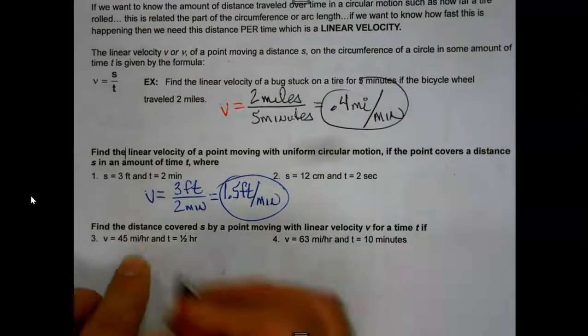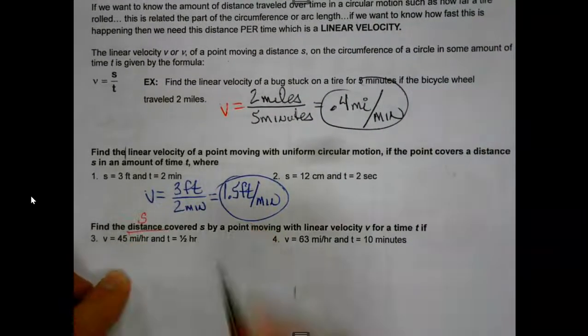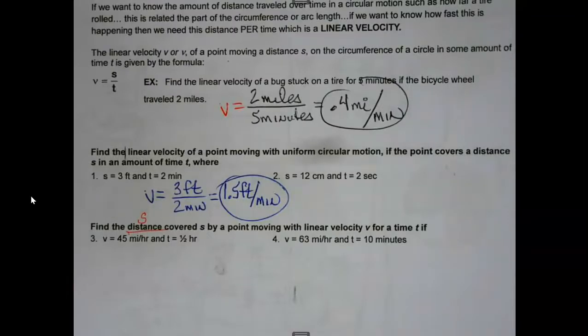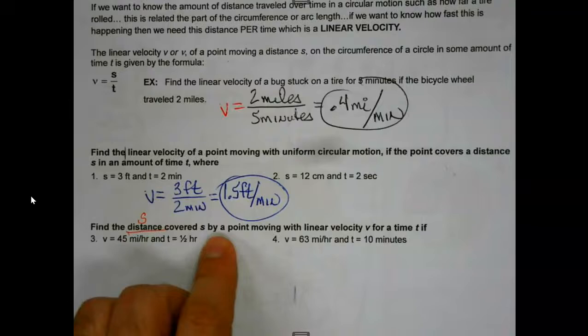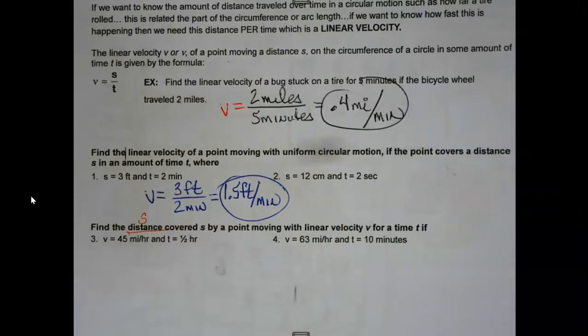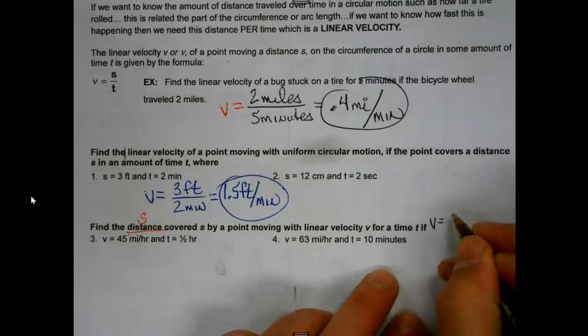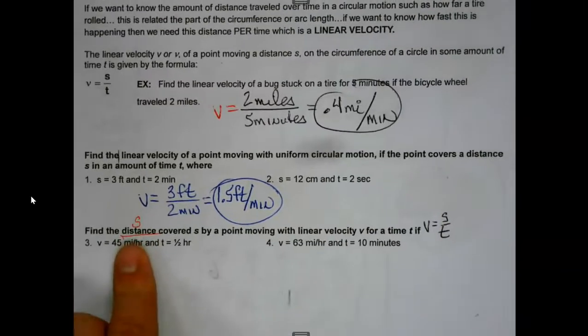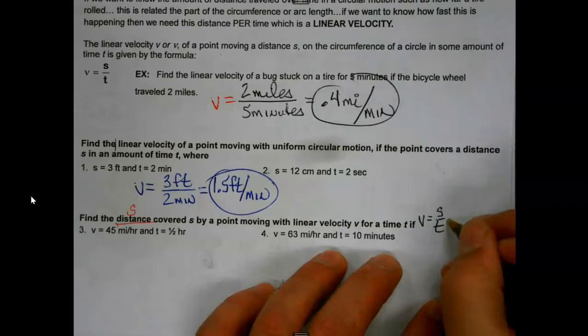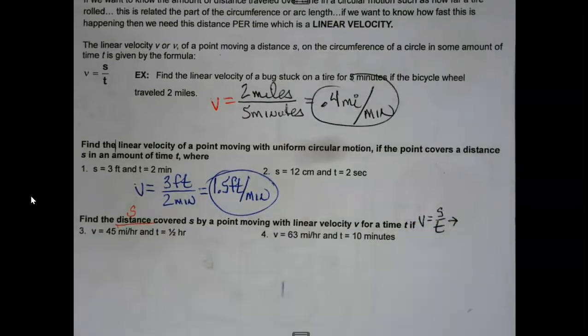Find the distance, s, covered by a point moving with the linear velocity v for a time. It's the same formula, but now I'm looking for s. Now, this is just me. Since now the magic value is s instead of v, I'm going to solve this equation for s.